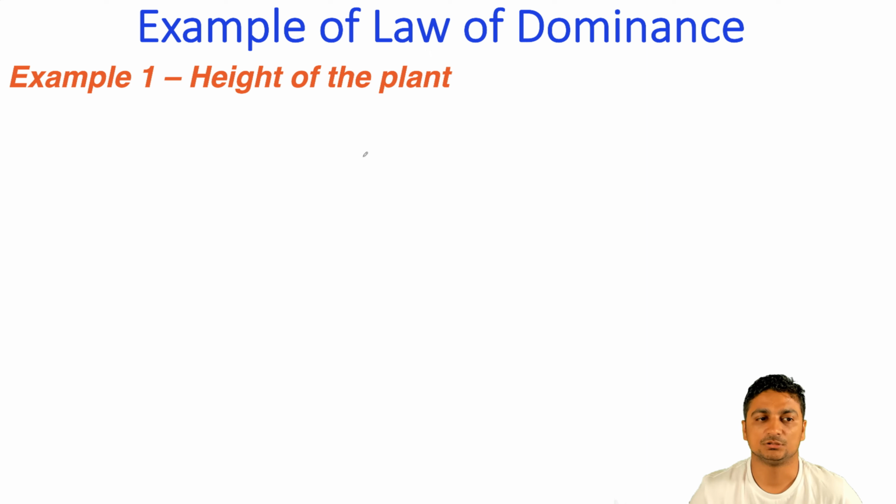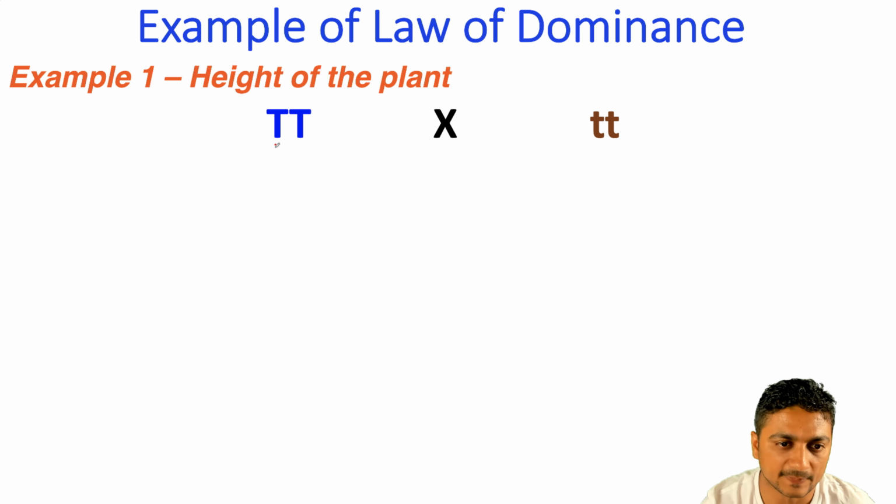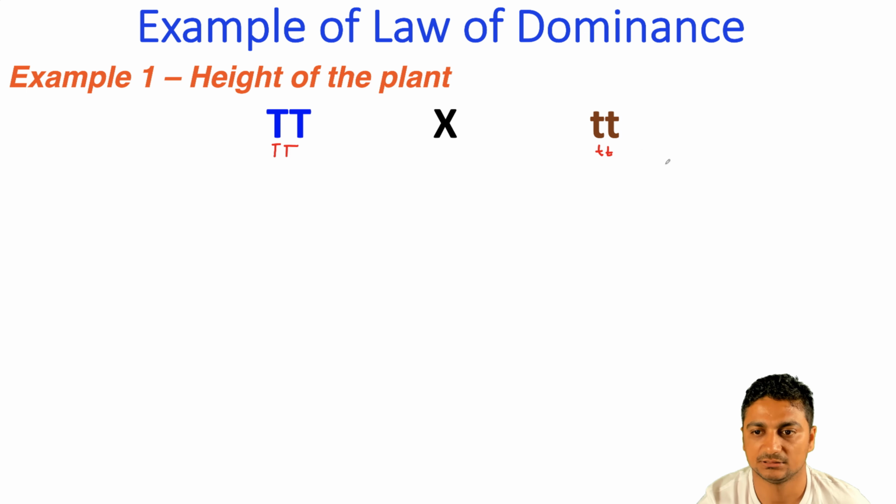So first let's consider height of the plant. Let's consider TT, capital T as tall plant and small t as dwarf plant. So this is dwarf plant, this is tall plant.